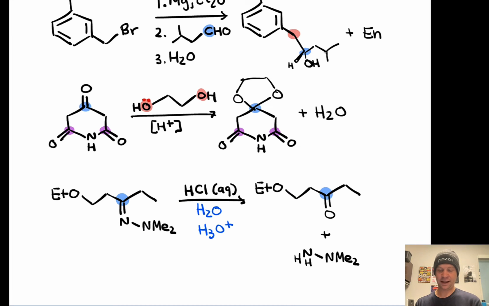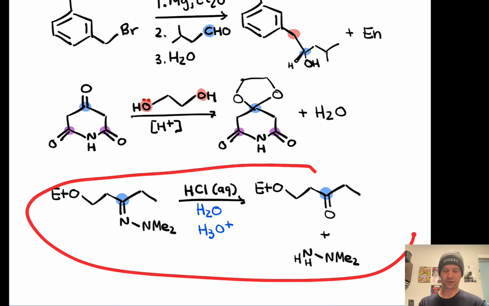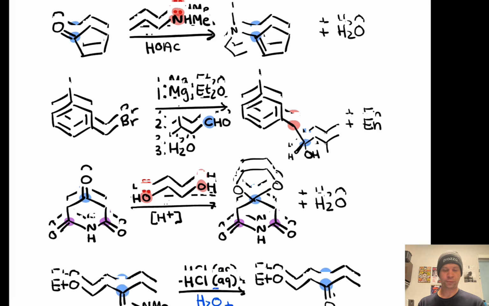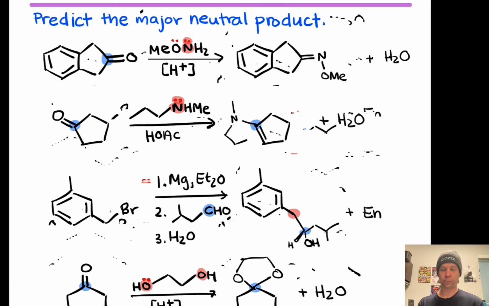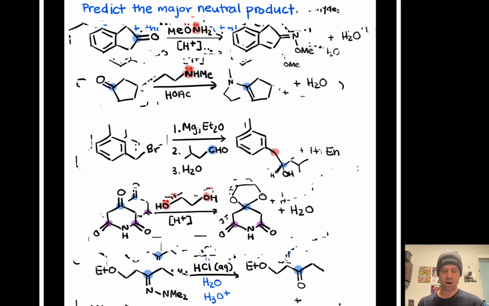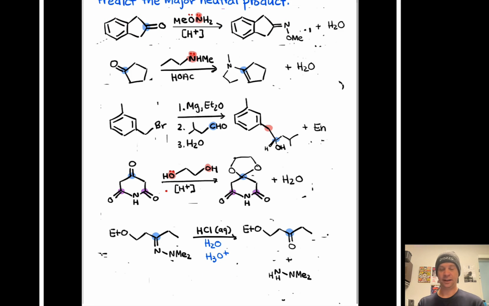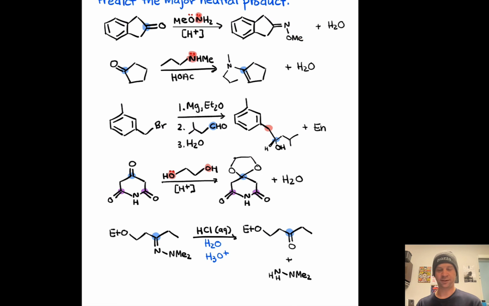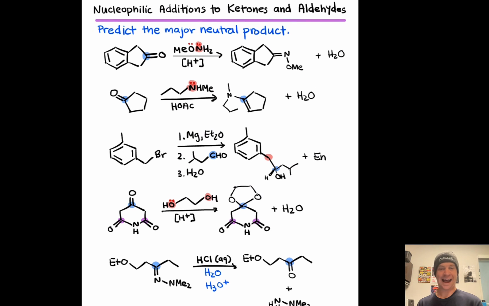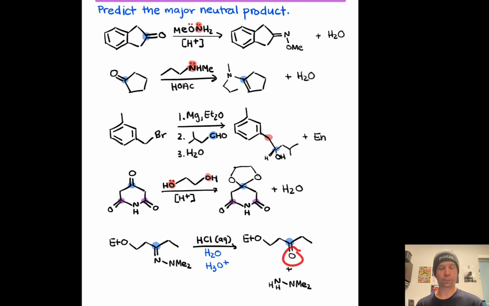So here we have a hydrolysis that's essentially the reverse of imine formation. Compare this reaction to the first reaction we looked at, which formed a carbon-nitrogen double bond. The mechanisms of these two reactions are exactly the reverse of one another. Instead of eliminating water or kicking water off as a leaving group, we are adding water and incorporating a carbonyl group into the product.